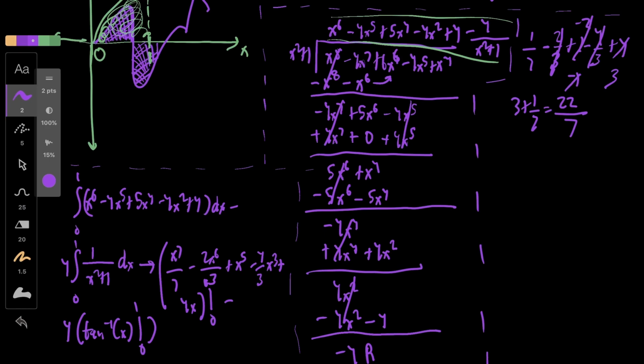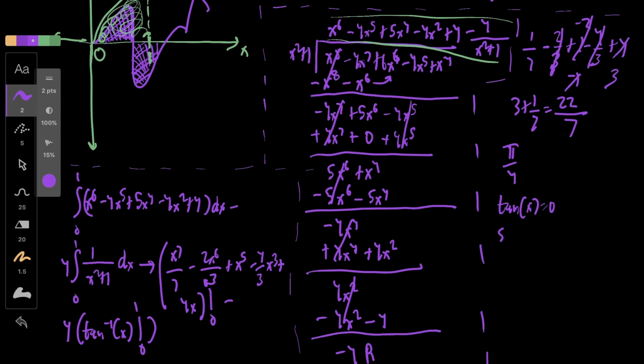And in a similar way, tan inverse of 1 minus tan inverse of 0 becomes then pi over 4. And the reason is tan inverse of 0, basically tan of what is 0. So tan of, let's say, x is equal to 0.